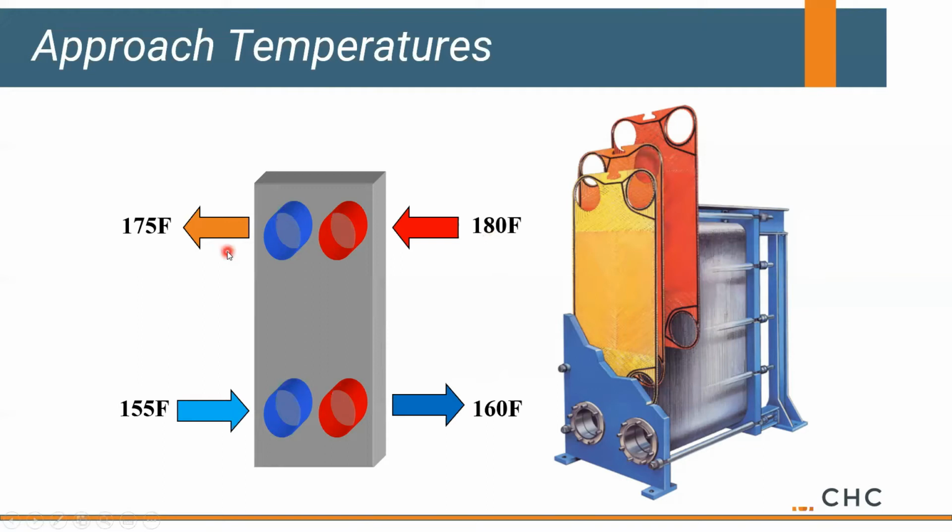So plate and frames are a lot more efficient at heat transfer, and they can handle what we call a temperature cross, meaning that the outlet temperature here is warmer than the leaving water temperature on the boiler side, the hot side. That's a good thing. So if you're talking efficiencies or close approach temperatures, this is where plate and frame shine.